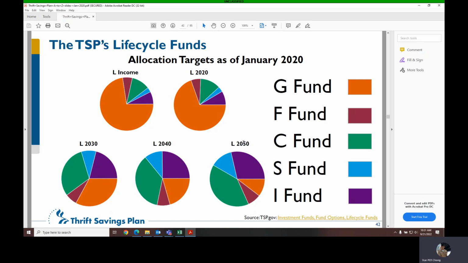So in 2050, when I retire, what it does is every year it's going to buy more C, more S, and more I versus the G and the F funds. But as we get closer to 2050, it's going to redistribute to these L Income funds, right? It's going to redistribute and buy more G fund as I come closer to my retirement age to secure my money.